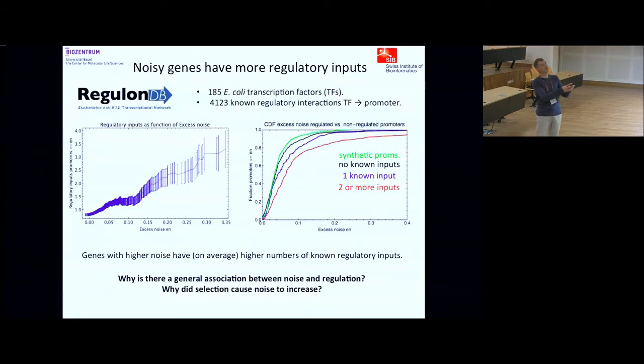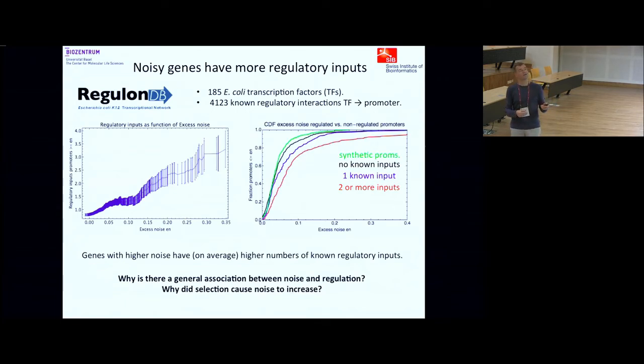So here on the left, I'm taking all promoters, and this is the average number of regulatory inputs that they have, so it's somewhere below 1. And then as you start taking subsets that have higher and higher noise, systematically the number of regulatory inputs goes up.